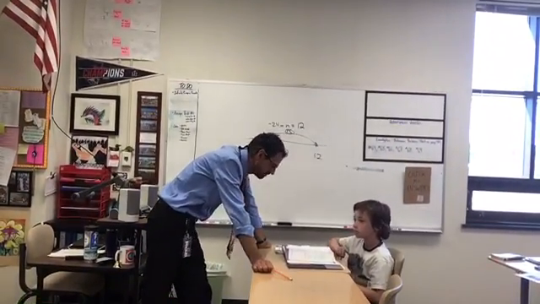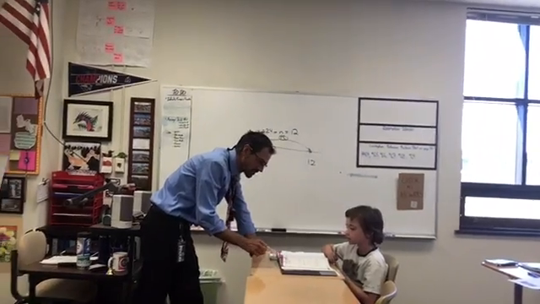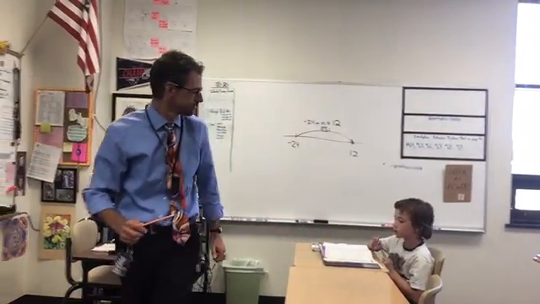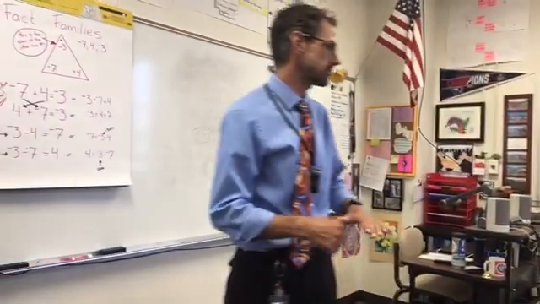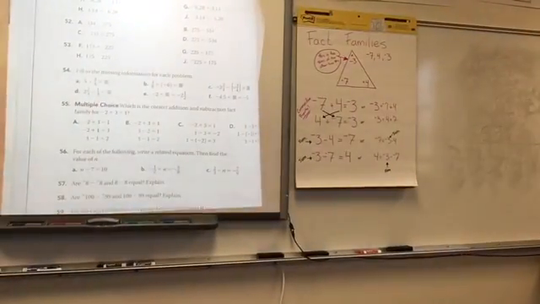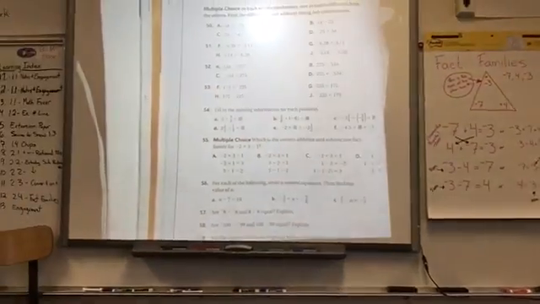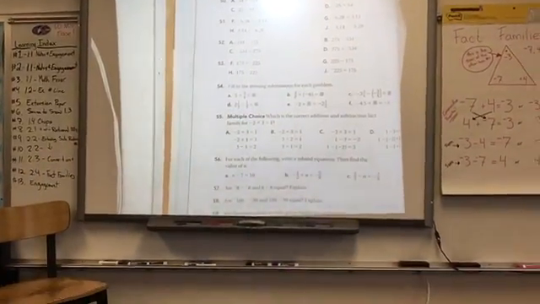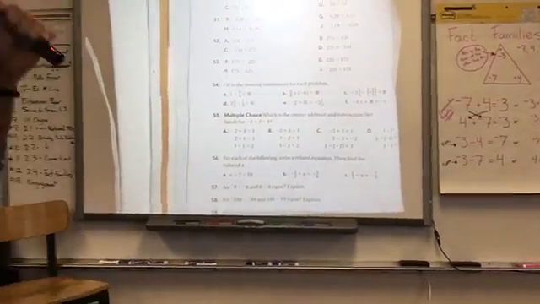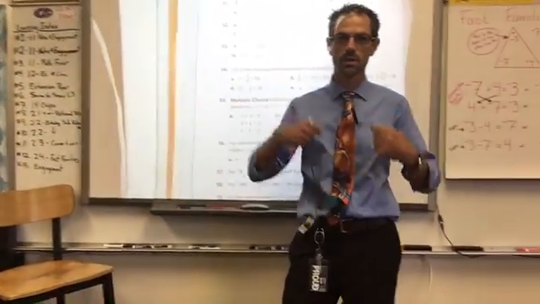No, you could write C. Okay. So 51, you haven't done that one. Do you know which one it is now? Three point one four plus negative. I think it's this guy.